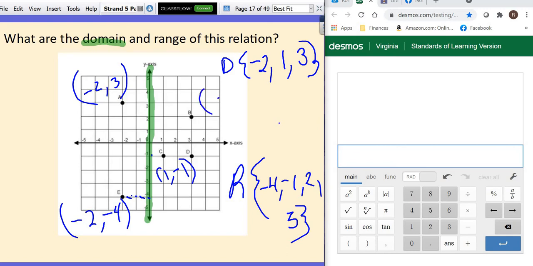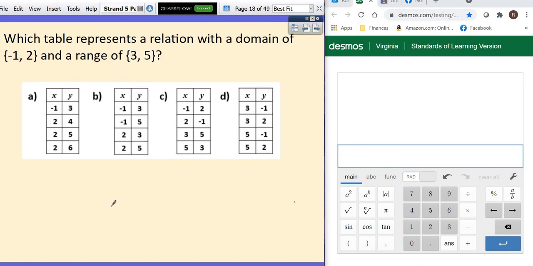B is a 3 and a 2, and D is a 3, -1. So you could also do it that way. X values are -2, 1, and 3, and Y values are -4, -1, 2, and 3. You could also do it that way. Okay? Let's see what our next example is.